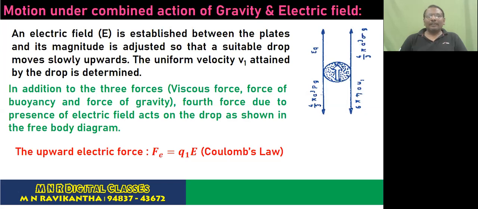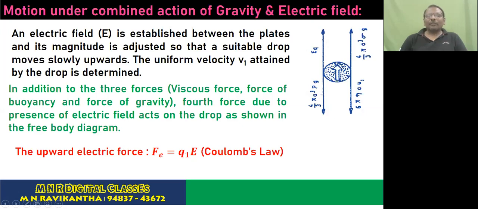Since the drop is moving upwards, the viscous force will now be in the downward direction, which is equal to 6 pi eta A V1. In the earlier case, it was V naught. Now, because of the applied electric field, the terminal velocity is changed. The new terminal velocity, let us take this as V1.